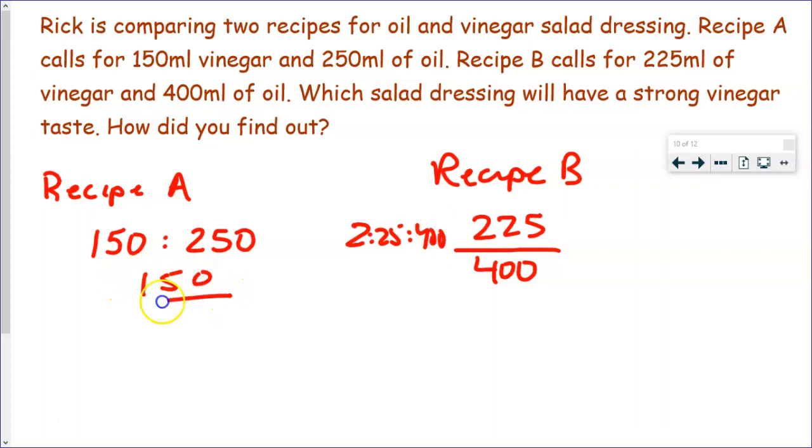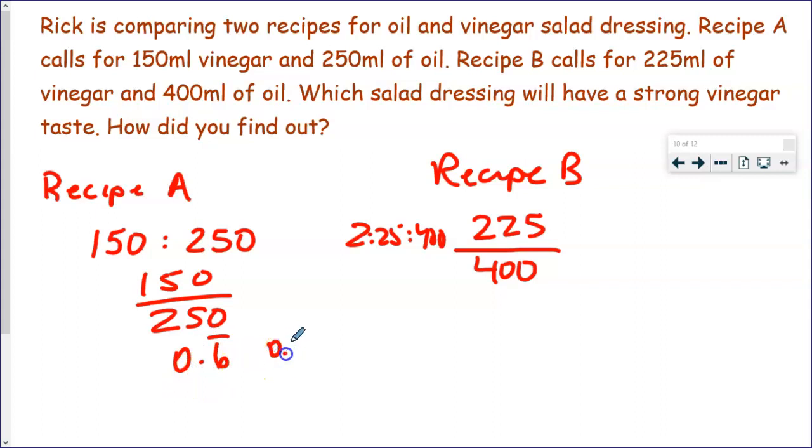Okay. My next step is to put it into a fraction in case you didn't pick that up. Now, you might think by looking at these, you can figure out which salad dressing will have a stronger vinegar taste. And if you're thinking because this one's bigger, that one will, it will not necessarily. You have to actually find your percentages here. Okay, so remember percent, top divided by bottom times 100. And I've already pre-done that on my calculator, and it comes out to 0.6 repeated.